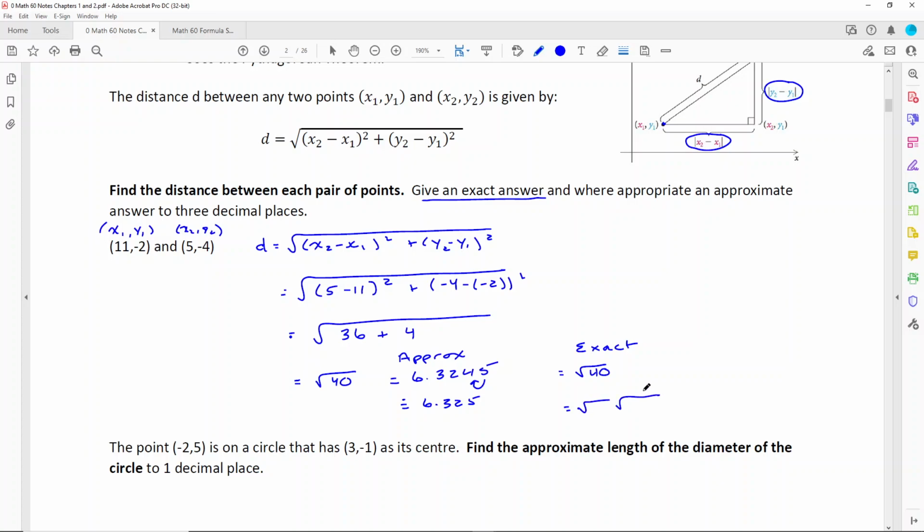So I'm going to break 40 up into the product of 2 radicals. 40 can be 1 times 40, 2 times 20, 4 times 10. I go with 4 because 4 is a perfect square. So I'm going to break 40 up into a product of radicals where one of them I can take a square root of. The square root of 4 is 2, and I'm left with 2 times the square root of 10. This is the exact solution, and it's in simplified form.